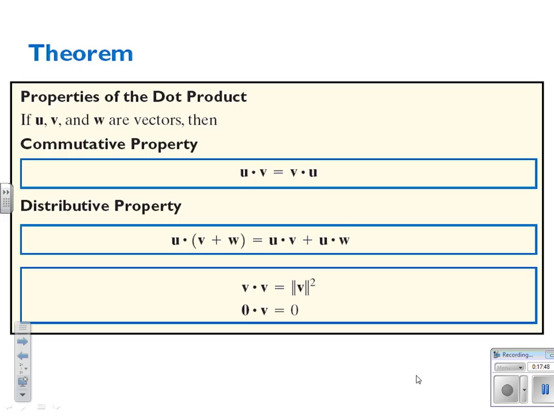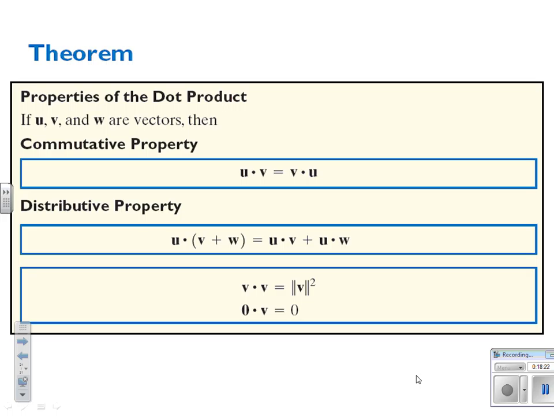All right, so the properties of the dot product are what we already discussed. u dot v is equal to v dot u. We can use the distributive property, so if I have 3 vectors, u, v, and w, I can add the 2 vectors together and then dot product with the u, or I can dot product u and v and add it to the result of the dot product of u and w.